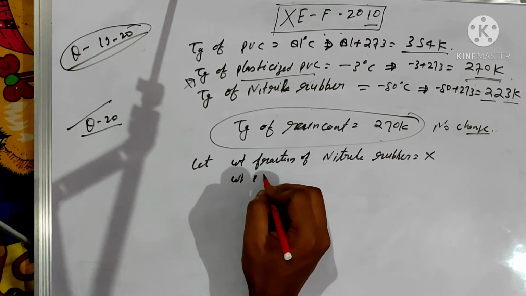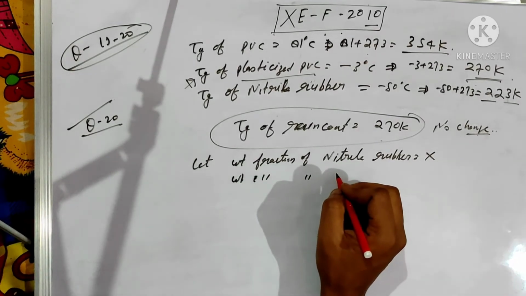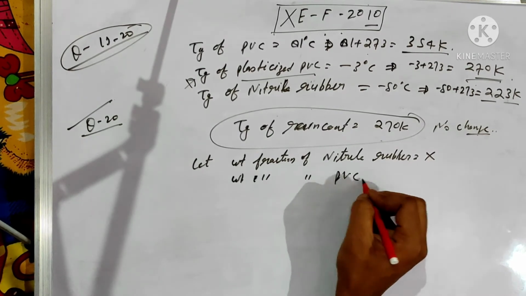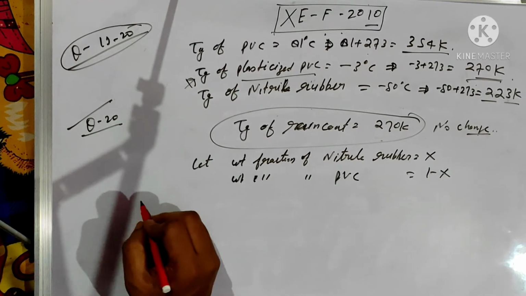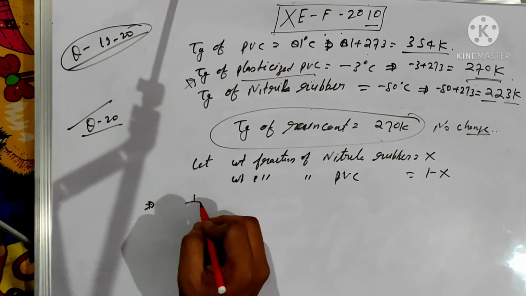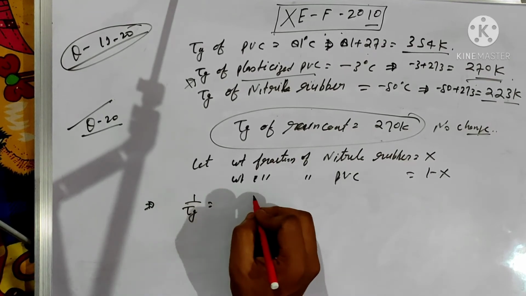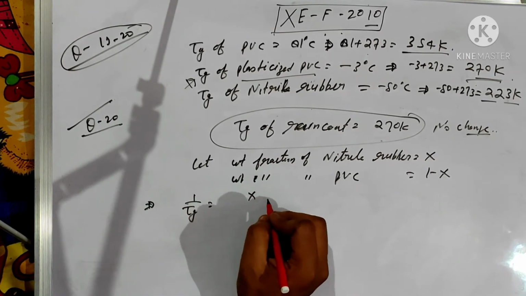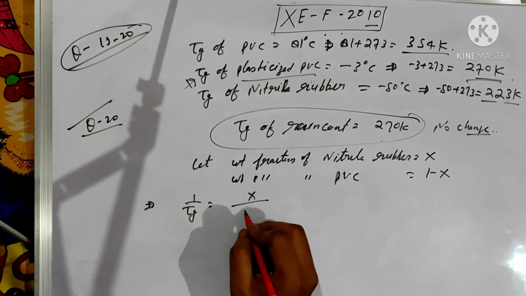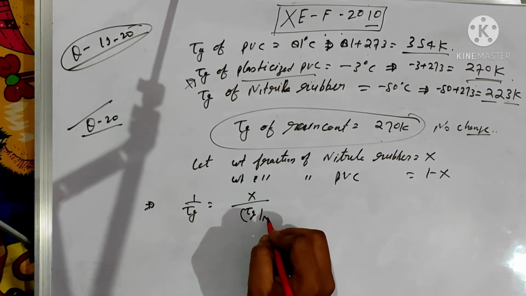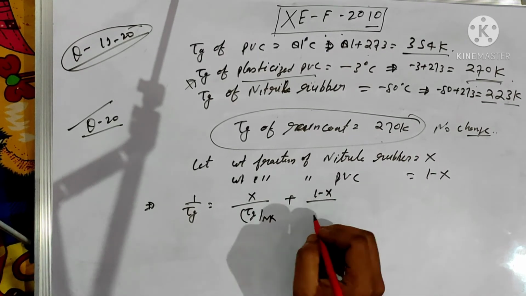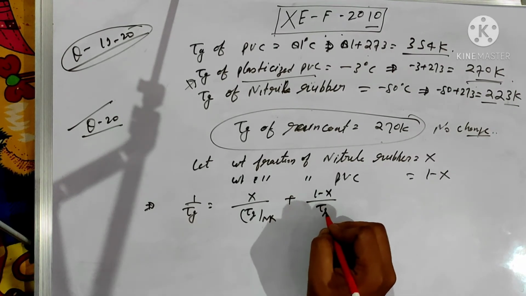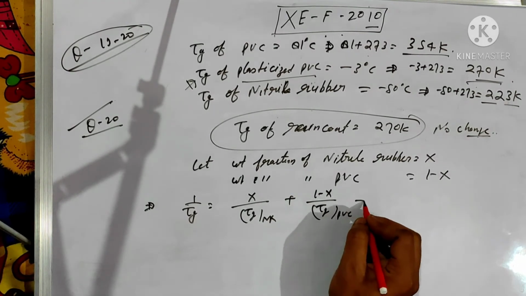So the weight fraction of PVC is equal to 1 minus X. So by using the Fox equation, 1 upon Tg is equal to the weight fraction of nitrile rubber divided by the glass transition temperature of nitrile rubber, plus the weight fraction of PVC divided by the glass transition temperature of PVC.